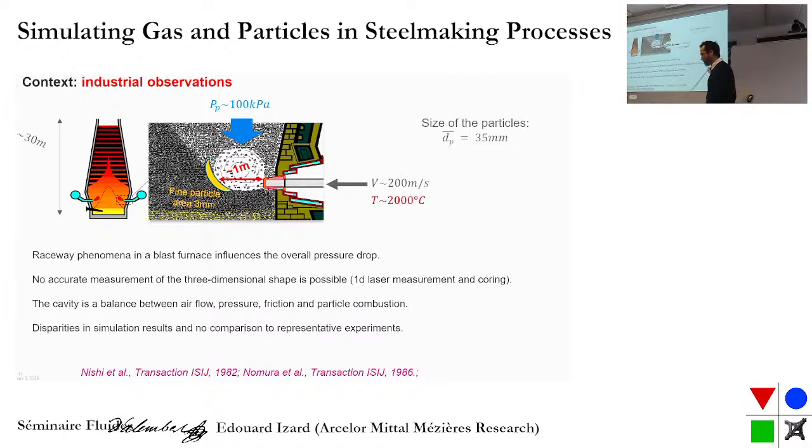You have many raceway around the circumference of the blast furnace, and in front of each of these tuyères, you are building a sort of large bubble of porosity when you inject the gas. So that is called the raceway phenomena in this industry.